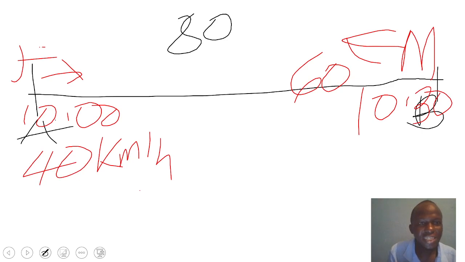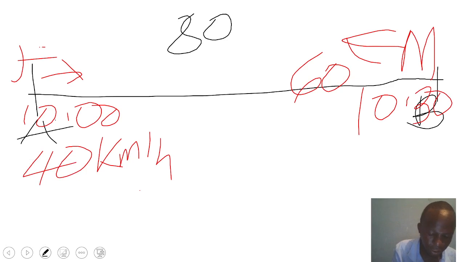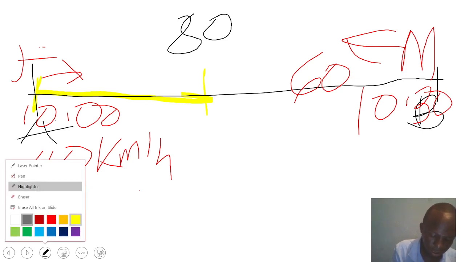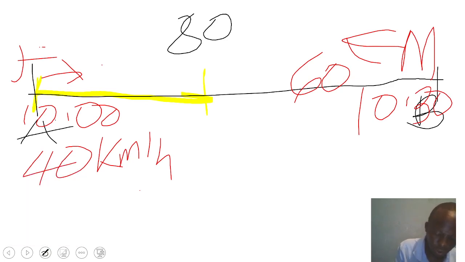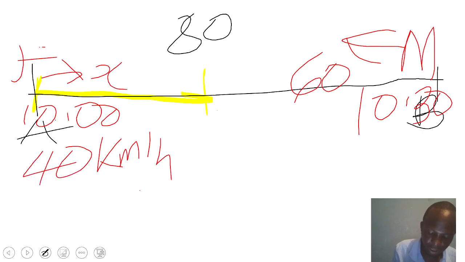Now, the distance traveled, since Juma traveled earlier, we can say that the distance that he traveled is equal to x, and the distance that Mutuku traveled is equal to 80 minus x.